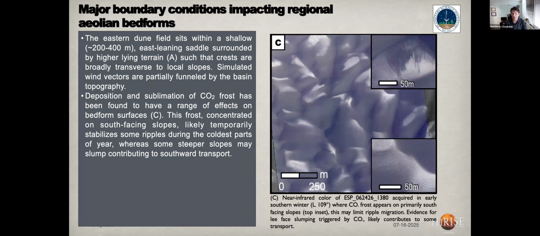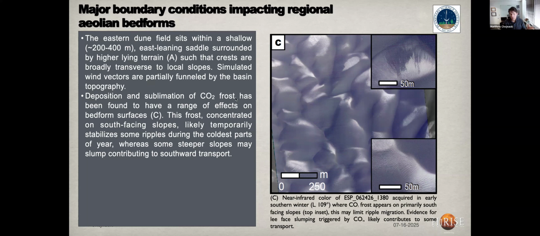We also know that there's seasonal volatiles at 40 degrees south and lower degrees. So CO2 frost is observed in winter images, and that can have a range of effects on bedform surfaces, as documented from other polar studies.